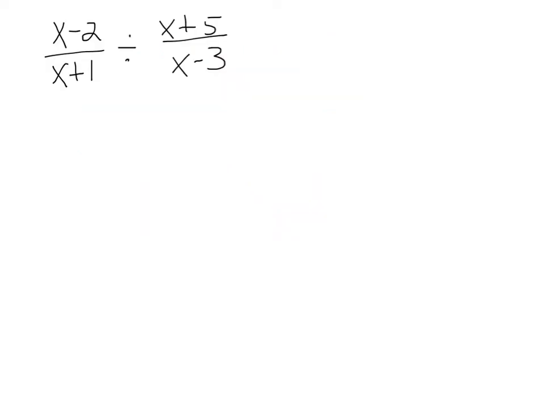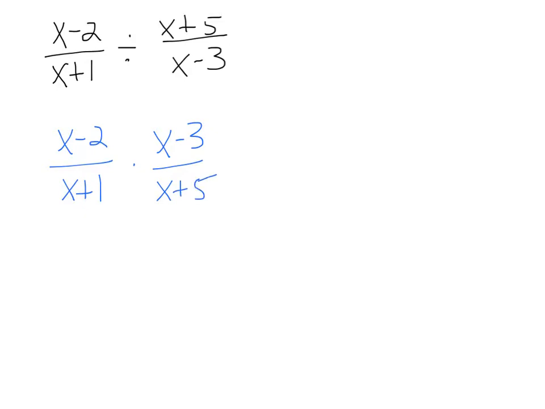Okay, so make sure that your first step when dividing is to rewrite this as a multiplication problem using the reciprocal of the second fraction. So this would be x minus 2 over x plus 1 times x minus 3 over x plus 5.